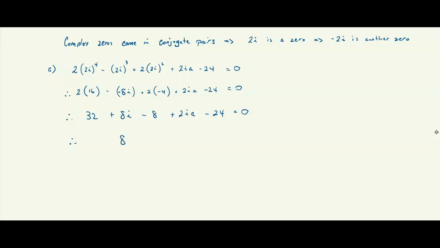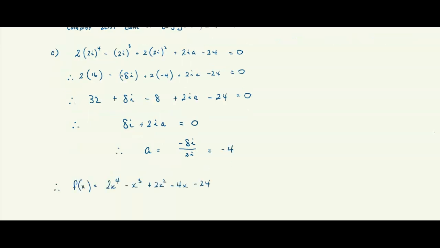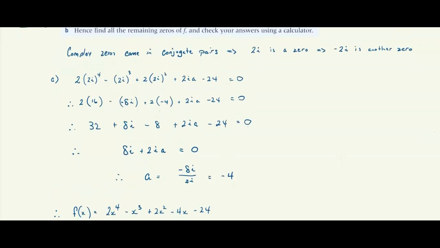So I've just got 8i plus 2ia equaling 0. So therefore, a is going to have to equal negative 8i over 2i, and that is equal to negative 4. Okay, we're getting somewhere here, aren't we? We've got a equal to negative 4.